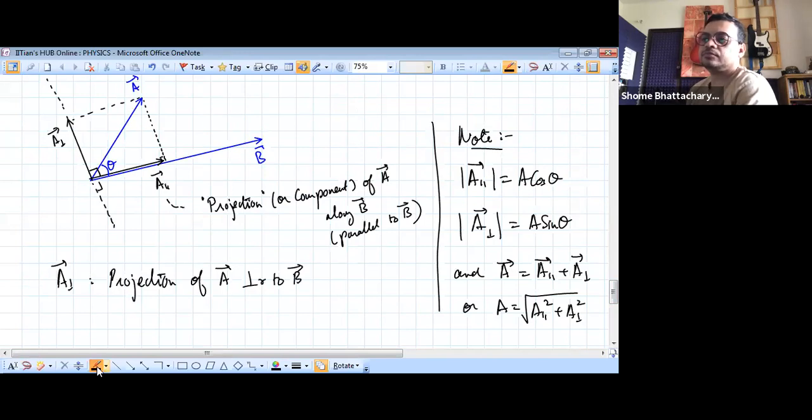That you can see from the diagram. This angle is theta and we have dropped a perpendicular. So what will this base be? It will be A cos theta. And what will this perpendicular line be? It will become A sin theta.